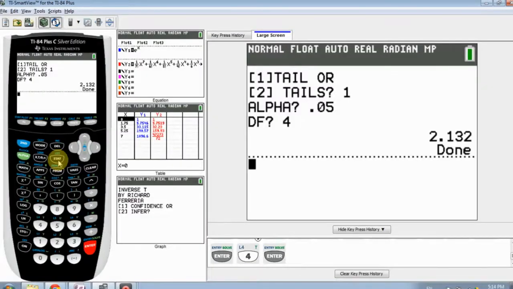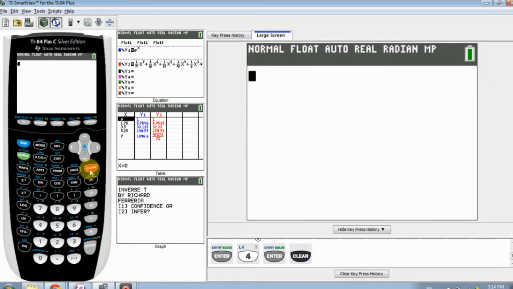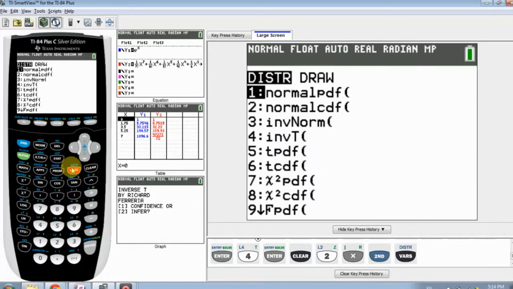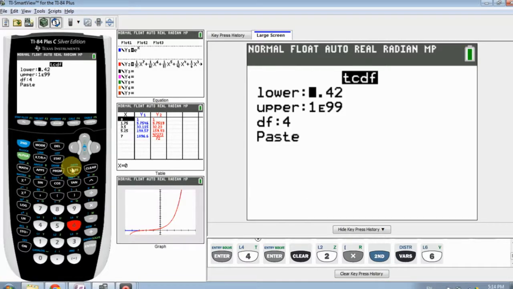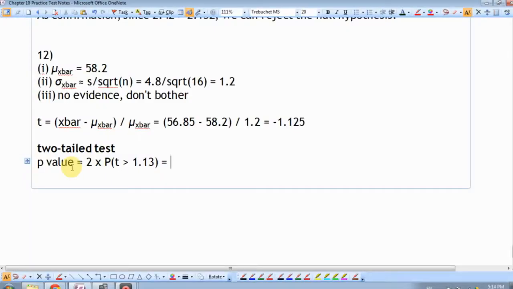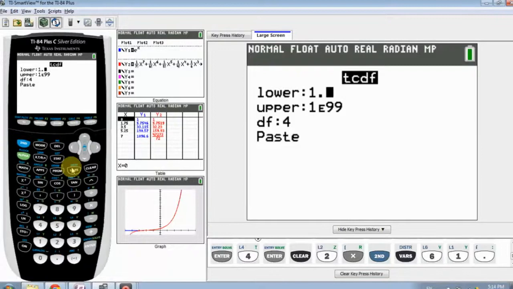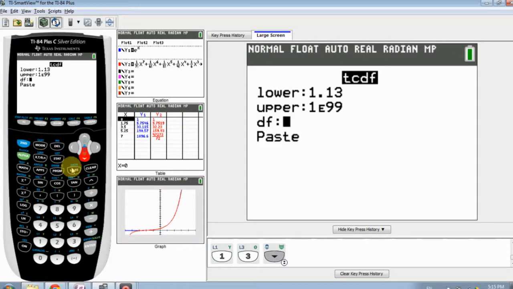So we can say it's going to be equal to 2 times TCDF. We're finding area, second VARS, TCDF, 1.13. How many degrees of freedom?